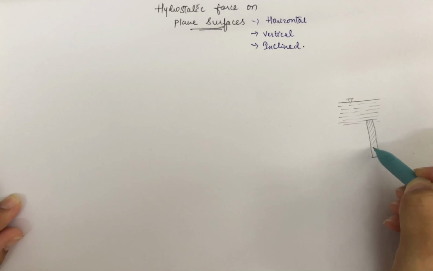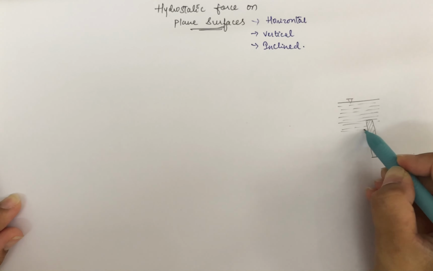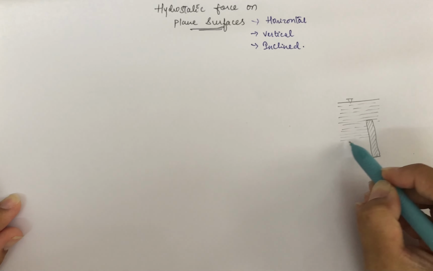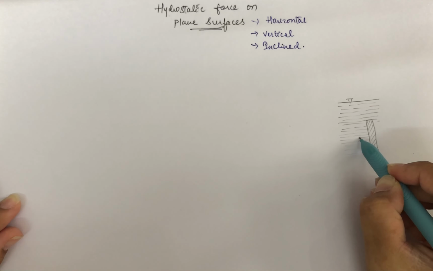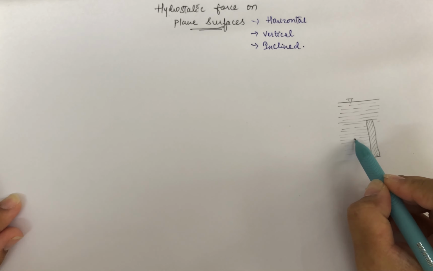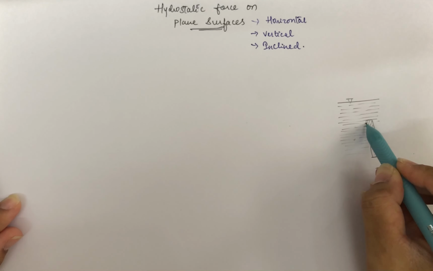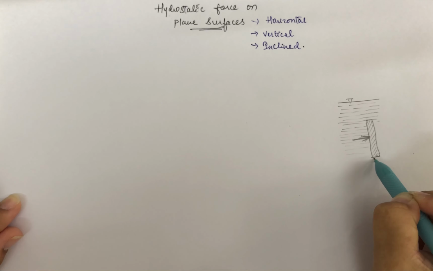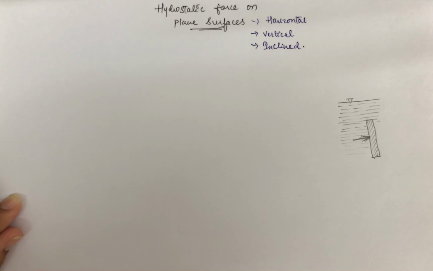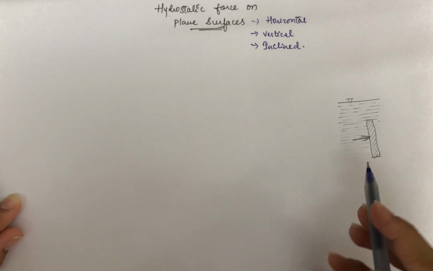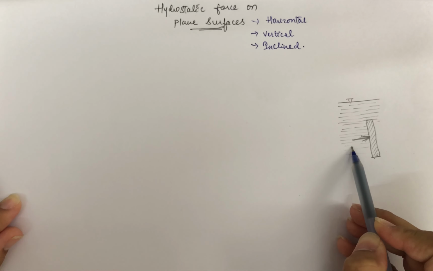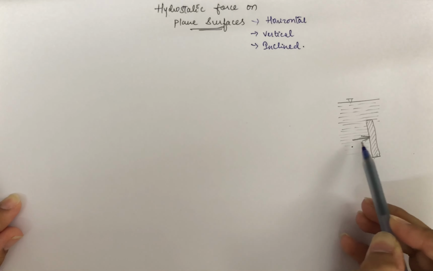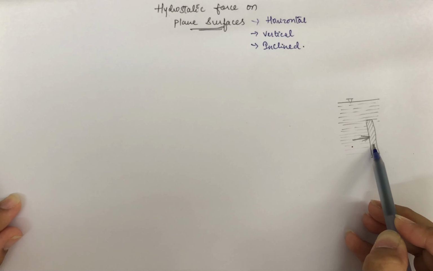Now here the fluid which is in contact with this vertical surface is at rest, but though it is at rest, it will exert some pressure force on this vertical surface, and that force will be perpendicular to this surface. So let us see what is the formula which is used to calculate the total pressure which is exerted by this static fluid when it comes in contact with the surface.